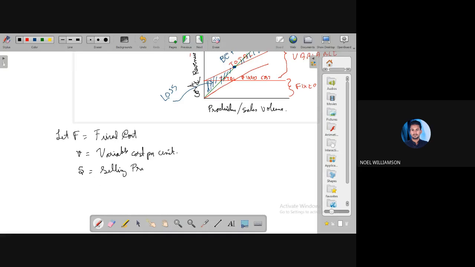Now capital Q is the quantity of output, the quantity produced, or the volume of output.